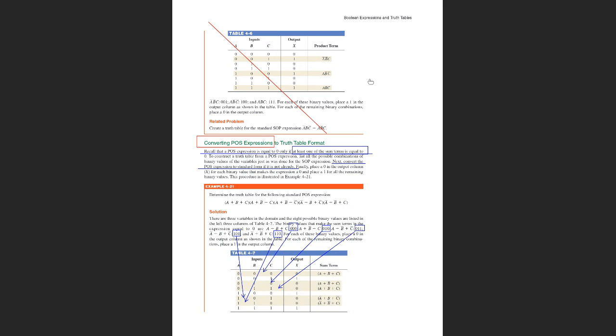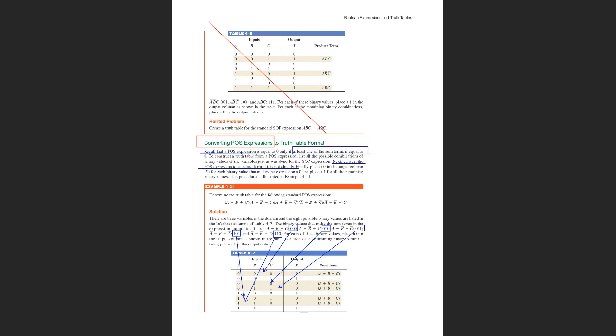Now we assign to those combinations the following values. If A, B, and C are 0, to create a sum which is 0, we have to assign variables A plus B plus C. So here we can write down A plus B plus C. For combination 0, 0, 0, we assign straight variables.